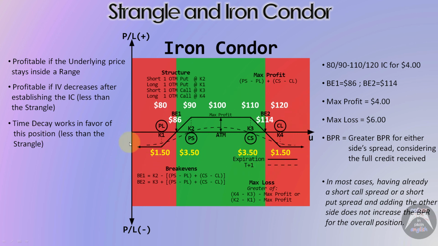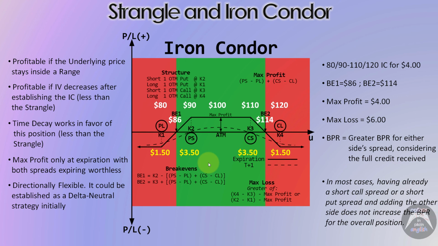So overall, because these ones are closer to the at the money, they are going to benefit more than the ones on the wings are going to be hurt. So overall, it is beneficial, but less so than it is for the Strangle. Max profits are only going to happen at expiration, with both spreads expiring worthless.